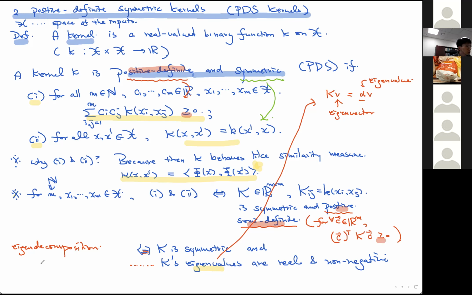This is the important bit that we're going to use later. So this matrix K can be decomposed into the product of three things. U is an orthonormal matrix, U transpose. Orthonormal means that U transpose U is going to be the identity matrix. And then sigma is the matrix of the eigenvalues, so it's a diagonal matrix.